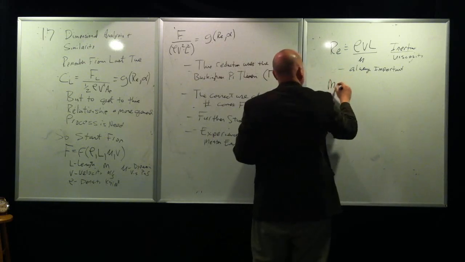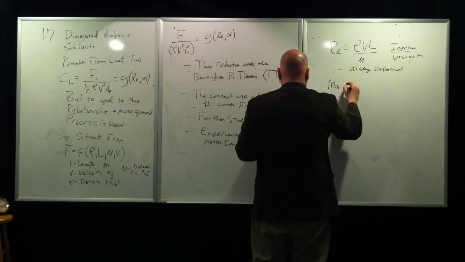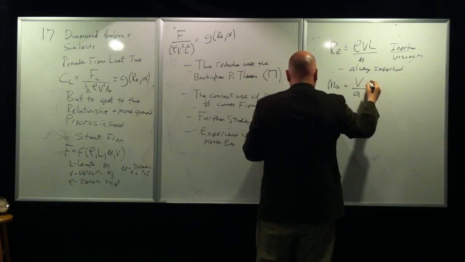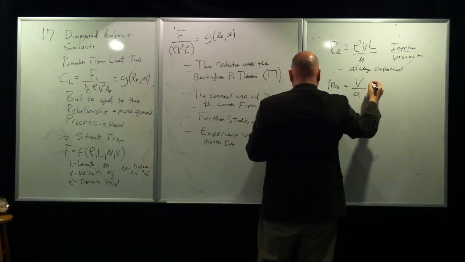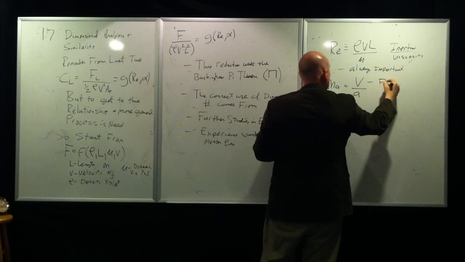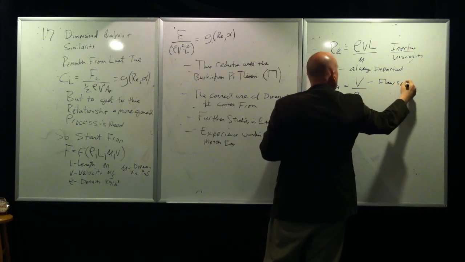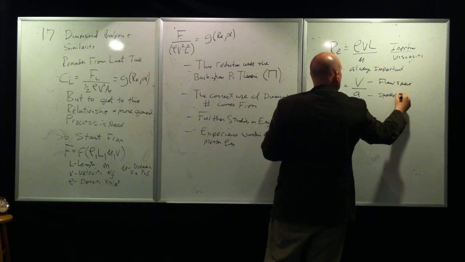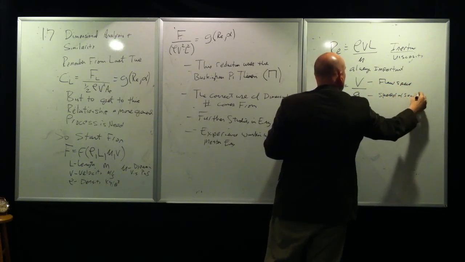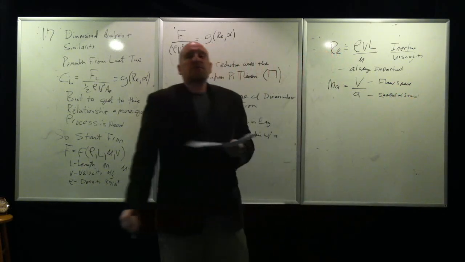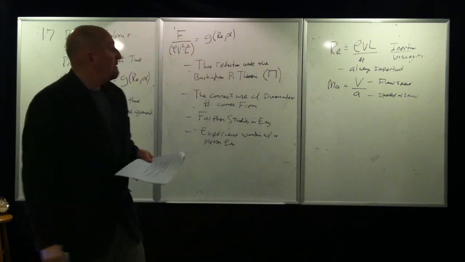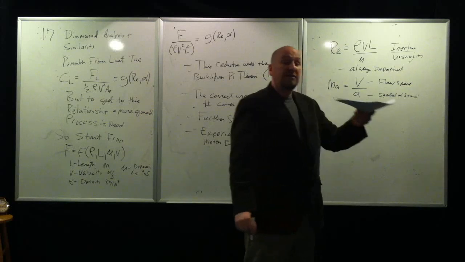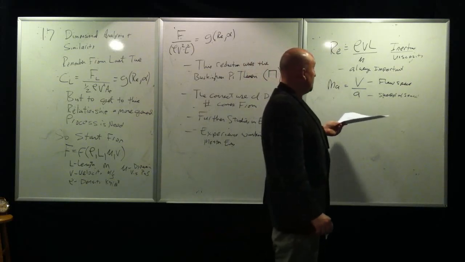Mach number. Mach number is going to be the ratio between the flow speed and the speed of sound, or how fast an object is moving in the fluid.